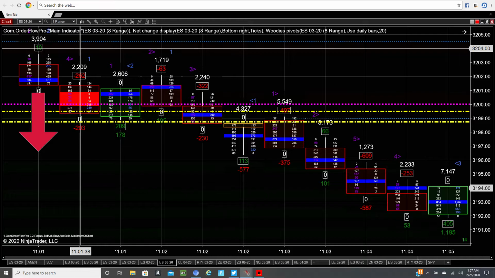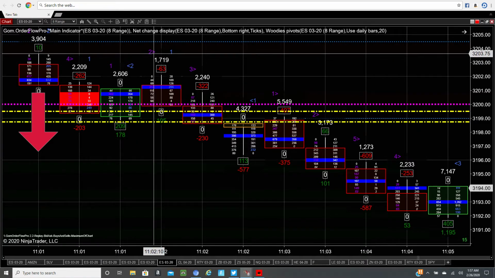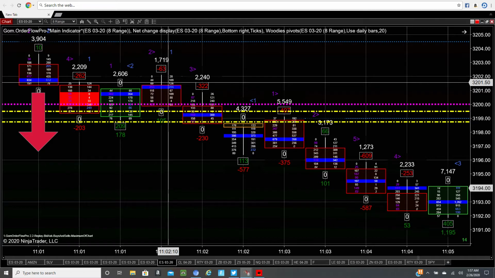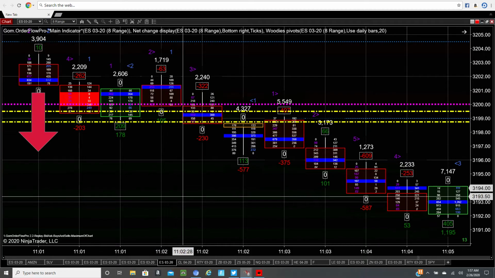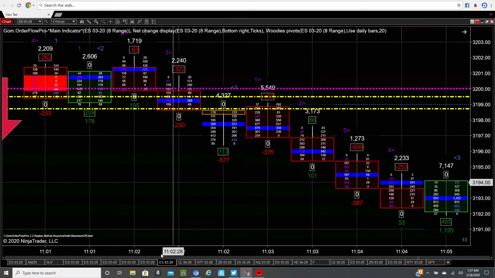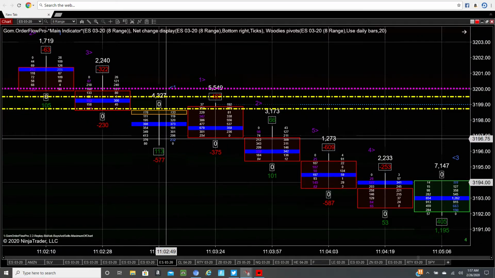Okay, so for right now, I just want you guys to get down the idea of the order imbalances, what they mean, how they're formed, and what's the most important thing that you need to look for on the order imbalance, which is the positions of those imbalances.